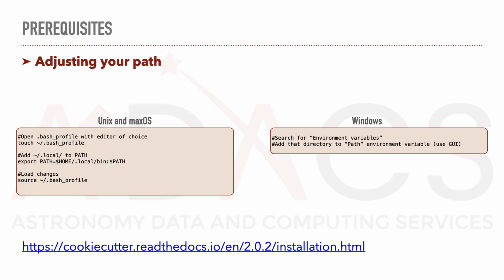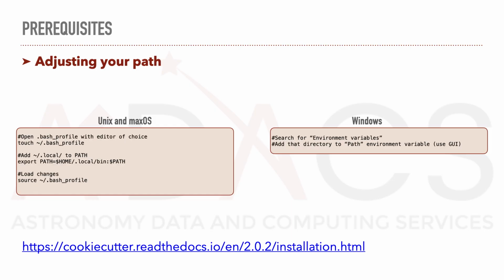But on the screen in front, I've got up both the ways on how to change your path, both in Windows as well as in Unix and Mac OS X. So in Mac, this is fairly straightforward. You need to edit your bash profile with your editor of choice. So you open that bash profile file either with touch as shown on screen or, again, editor of choice.